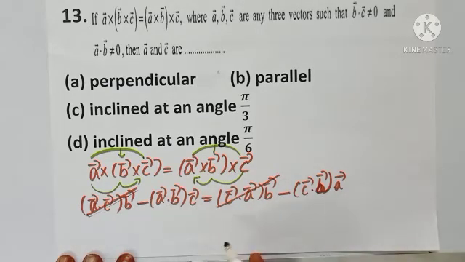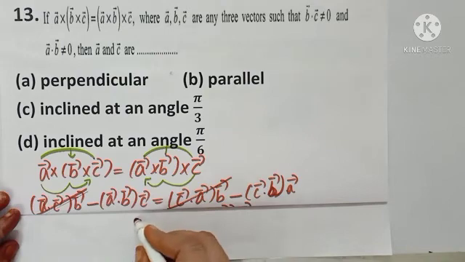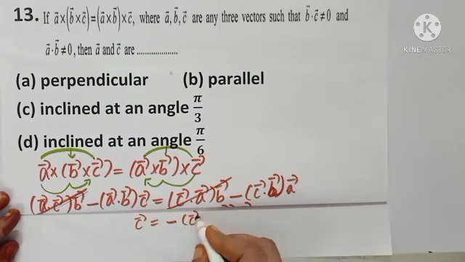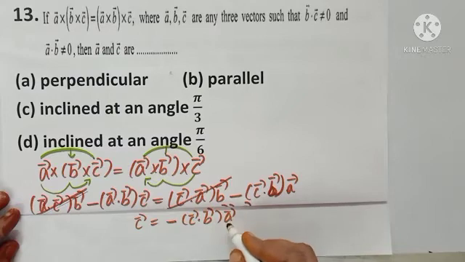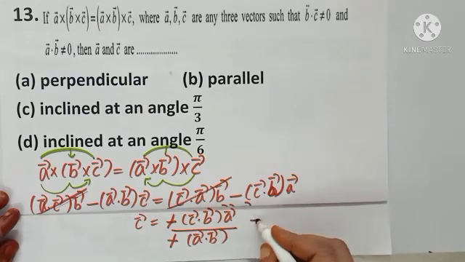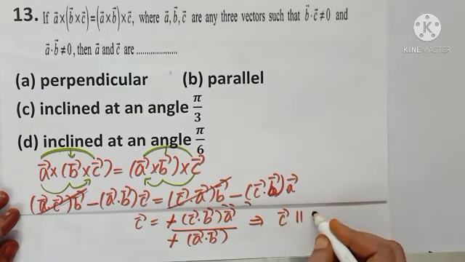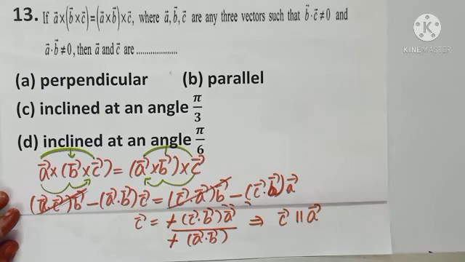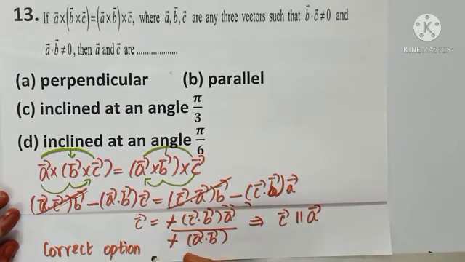Comparing the other two terms, C vector equals minus C dot B into A vector divided by minus A dot B. Cancelling the minus symbol, I'm just left with C vector is some scalar into A vector, or I will say C vector is parallel to A vector. So option B is the correct option. So the vectors A and C are parallel.